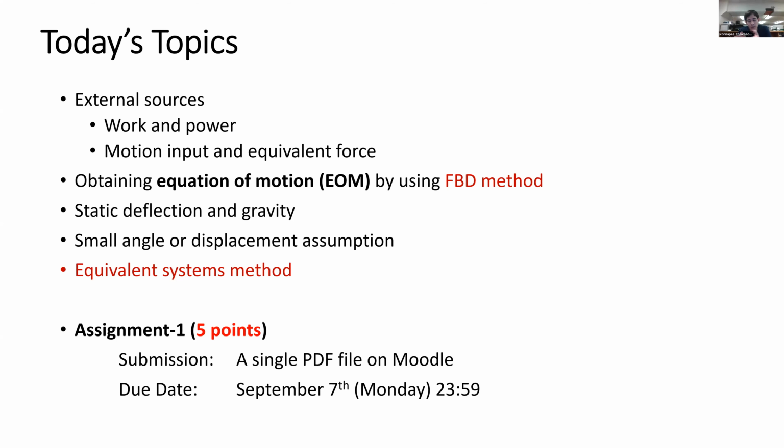And today we are talking about how we can find the mechanical work or mechanical power related to the external force. An external source for the system not only can come in the form of force, but sometimes the motion that we apply to the system can also be considered as input to the system.